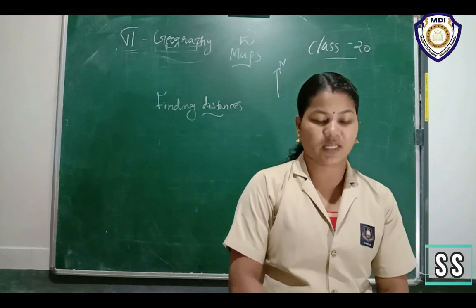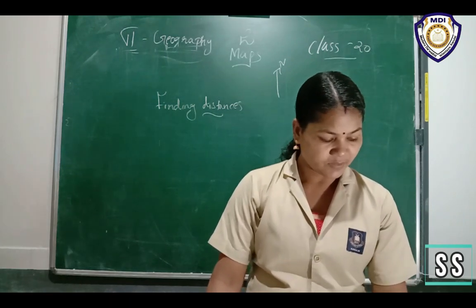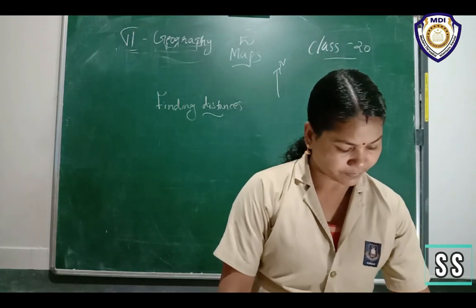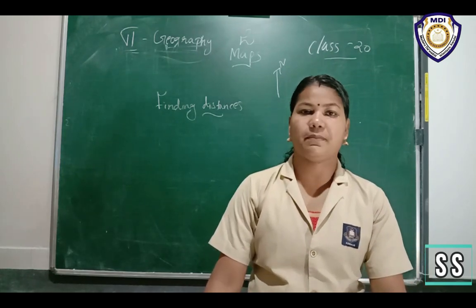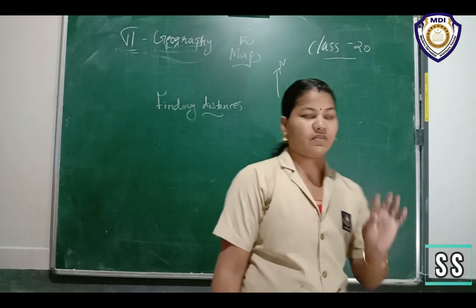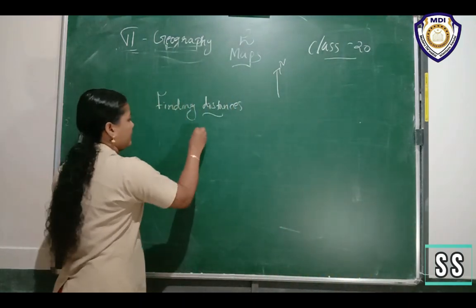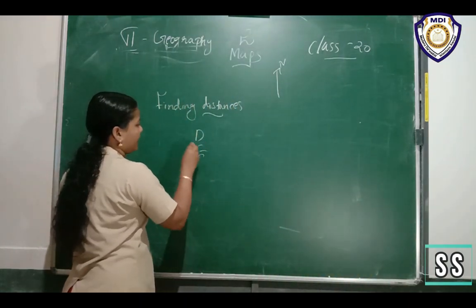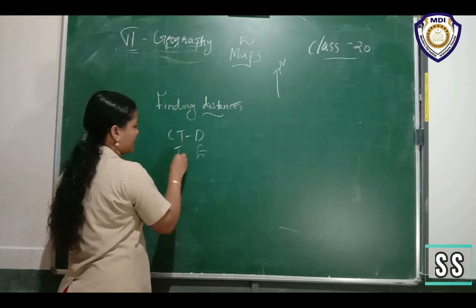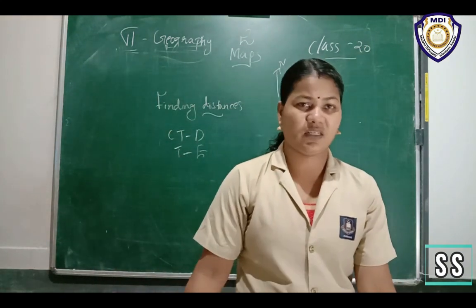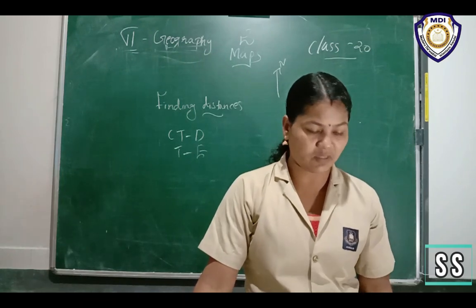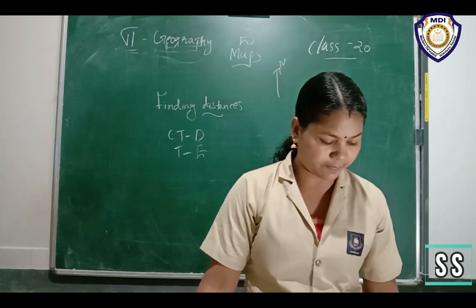The question is to find the distance between the clock tower, marked D, and the temple, marked E.